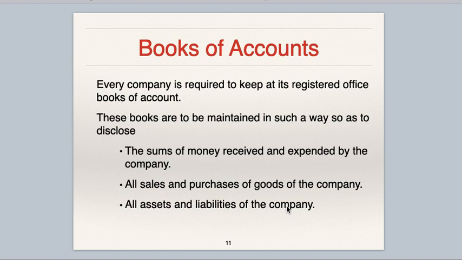So in short, the books of accounts every company is required to keep at its registered office relate to receipts, payments, sales, purchases, assets and liabilities.